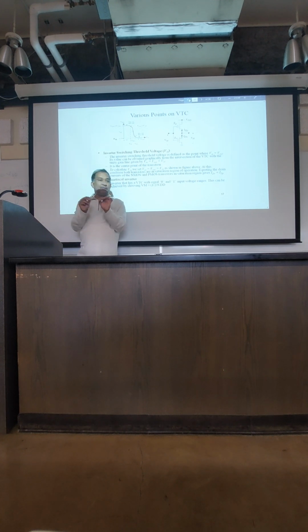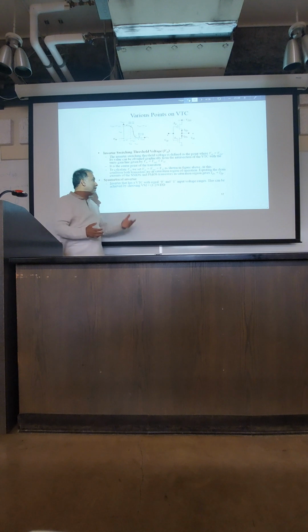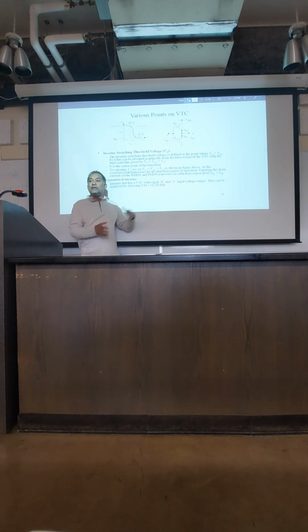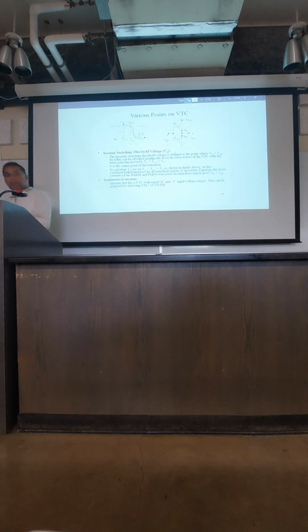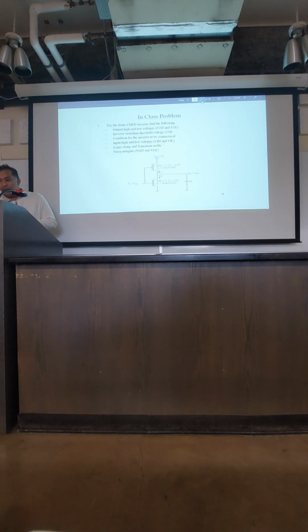If the conditions are met, then it is a symmetrical inverter, and straightforwardly I can write VM equal to half VDD. Otherwise we have to go through a long derivation and solution for VM, VIL and VIH. So we'll focus on that.